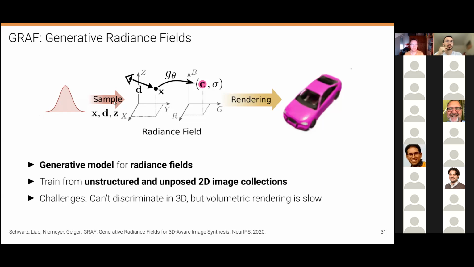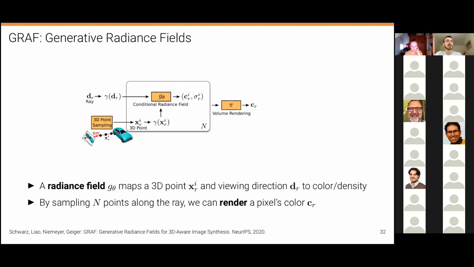The input to this radiance field representation G, that is again a mapping from a view direction and 3D point location to color and density that can then be volumetrically rendered into such an image, is a 3D point location, but then also a sample from latent space that determines the appearance and the shape of the object.